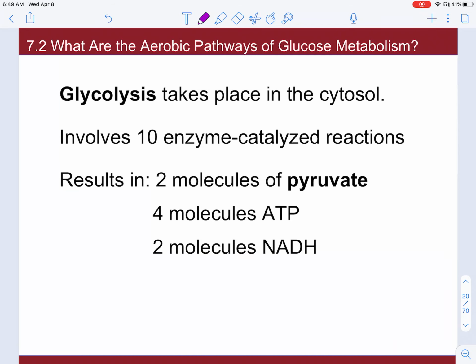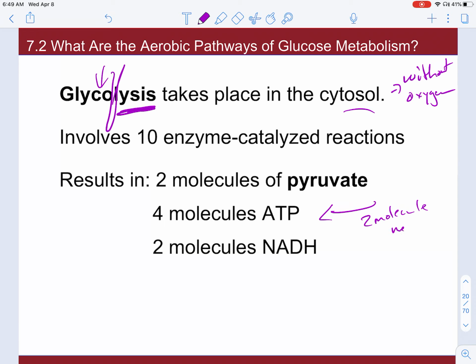Okay, so we ended up talking about glycolysis. So this is the lysis of glucose, right? This occurs in the cytosol without oxygen and yields two molecules net of ATP.